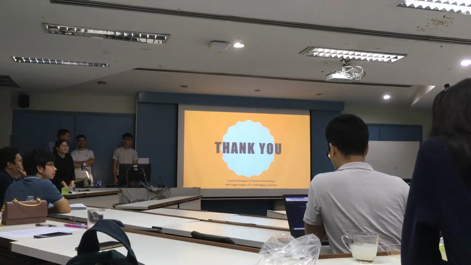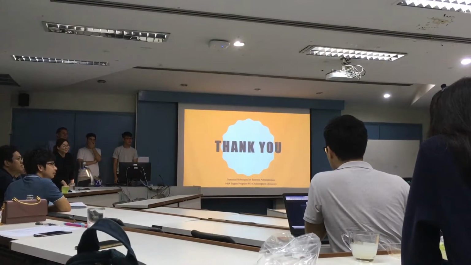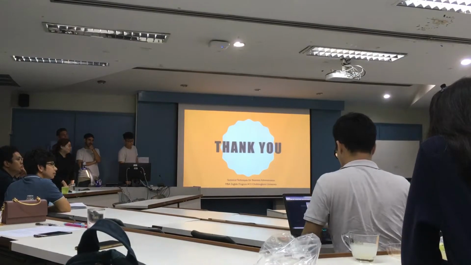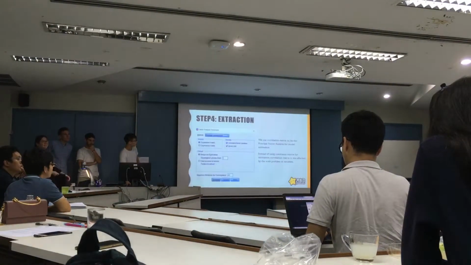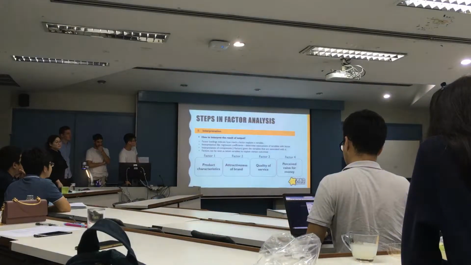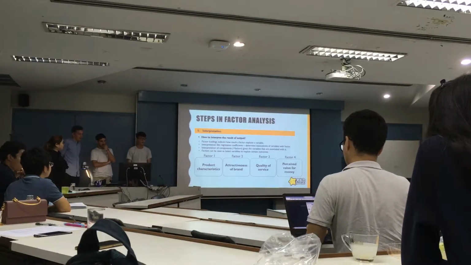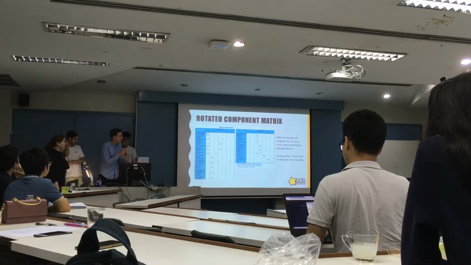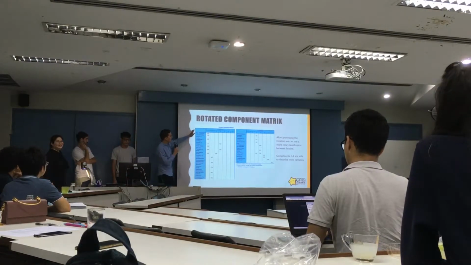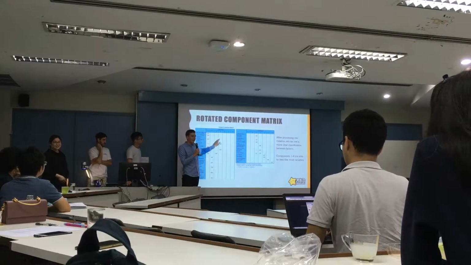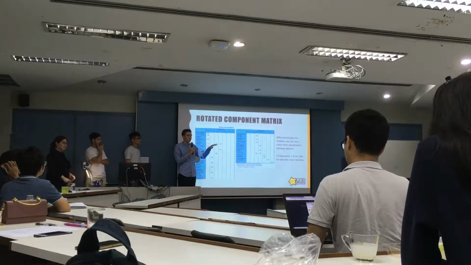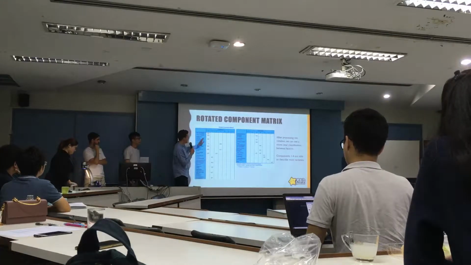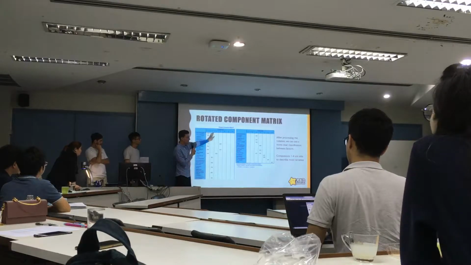One more question. At the end, I saw that you concluded that there are 4 factors in total. How did you come up with only 4 factors? If you look at the rotated component matrix, you can see we have just 7 components in the beginning, because of the eigenvalues and the total variance explained. If you look at the output, these first 4 components explain most of the variables.